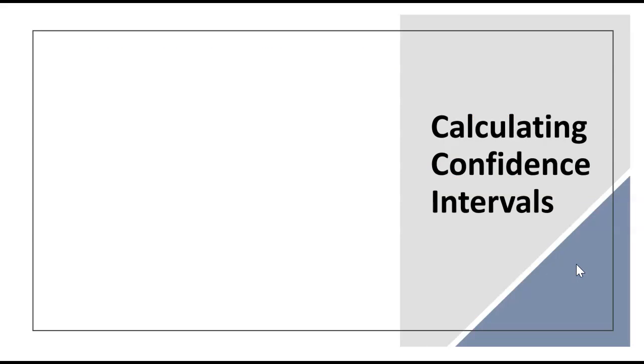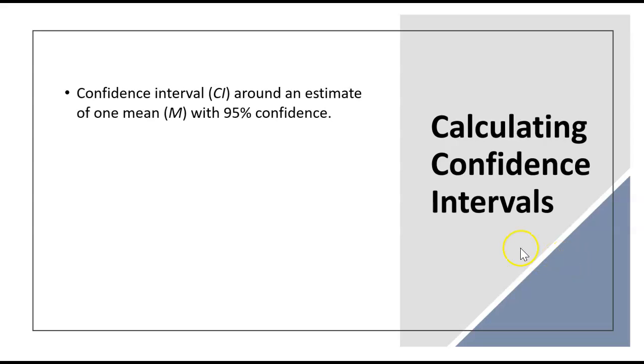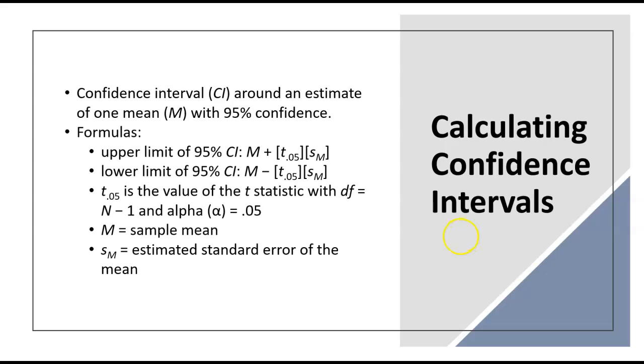The calculation, as it's laid out for you in your text, and these formulas get pretty busy pretty fast. Try not to let them overwhelm you. They have a lot of pieces parts, but the pieces parts themselves are pretty straightforward. The confidence interval around an estimate of a population mean is something we want to do with 95% confidence. So pretty darn sure, maybe a way of putting that.